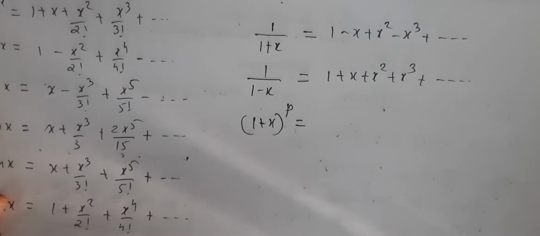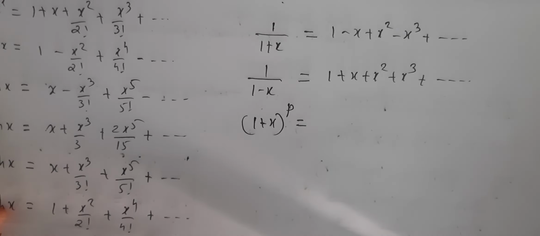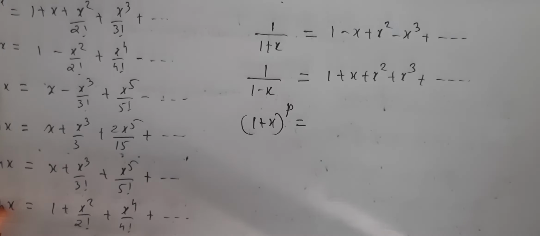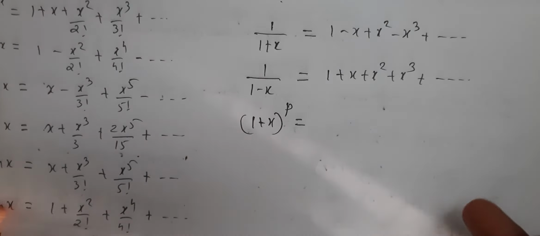p is any rational number, not necessarily an integer. When it is an integer, you know there is a binomial expansion. Here it's similar to binomial.